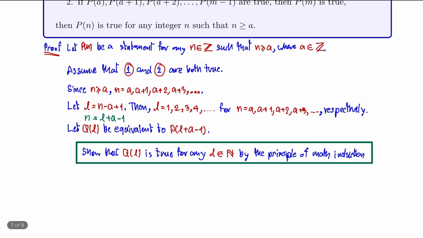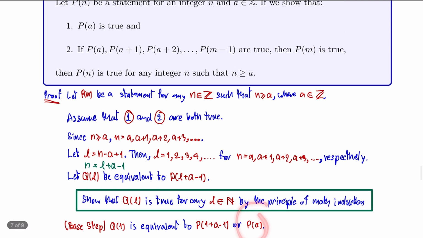I'm going to start with the base step. So what can we do with the base step? We have Q of 1, and Q of 1 is equivalent to, just plug in 1 into L, we've got P of 1 plus a minus 1, which is P of a. What is P of a? P of a is in the first statement, and the first statement is true.